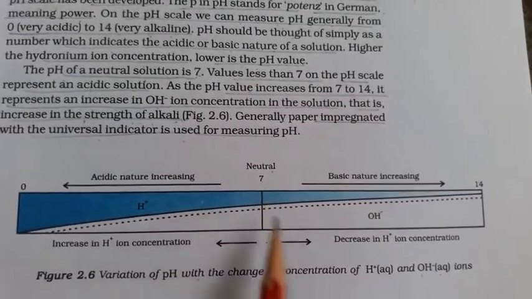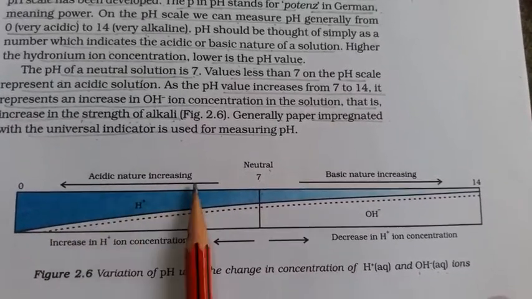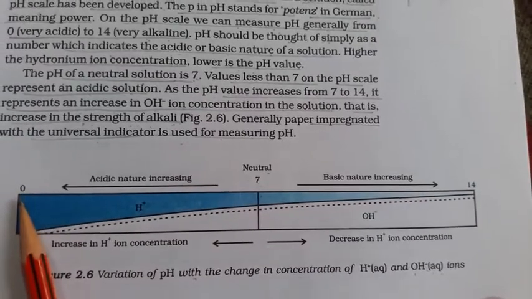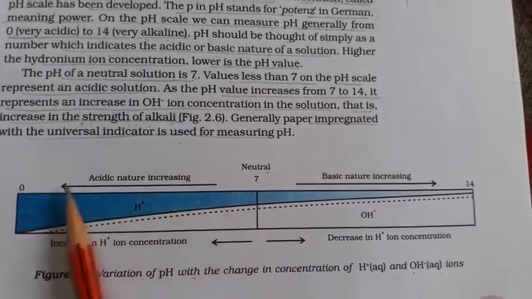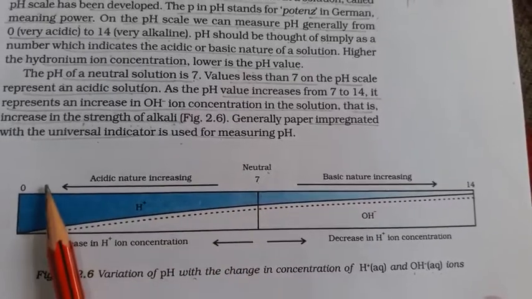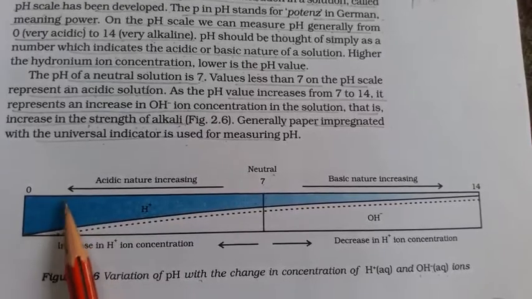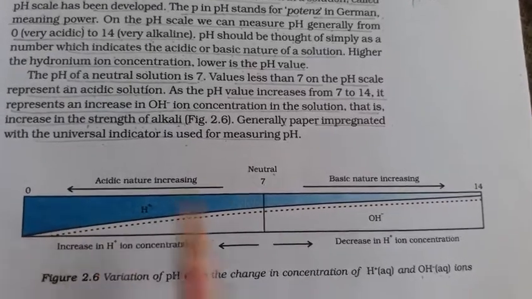The acidic character increases when the pH value is less than 7, that is, between 0 and 7. Suppose the value is near 2, that means your solution is more acidic.